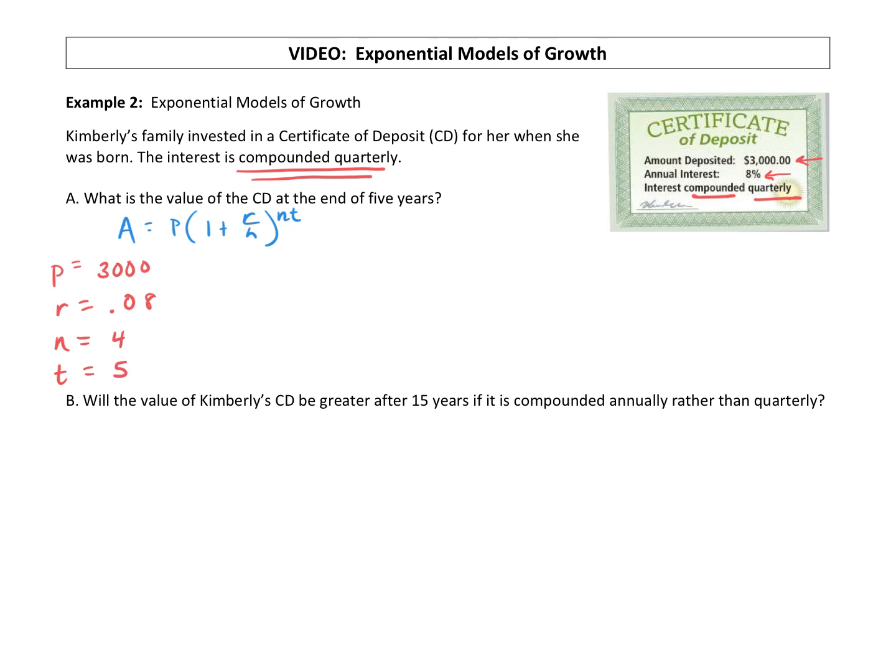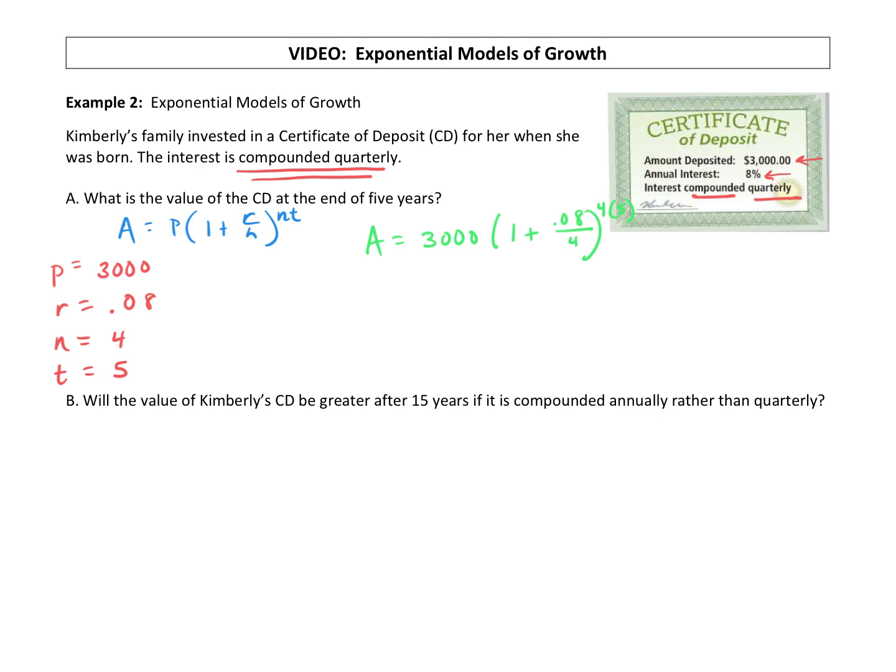So let's go ahead and plug all those numbers in, and then we will calculate the value of the CD. So A equals, we're going to plug in 3,000 for P, times 1 plus the R, which is 0.08, divided by the N, which is 4, raised to the N times T, so 4 times 5 power.